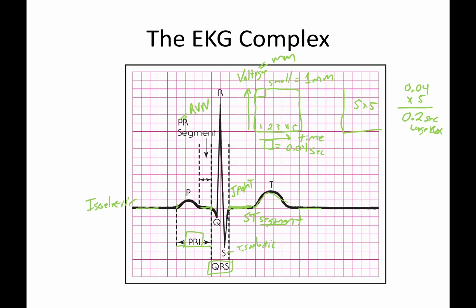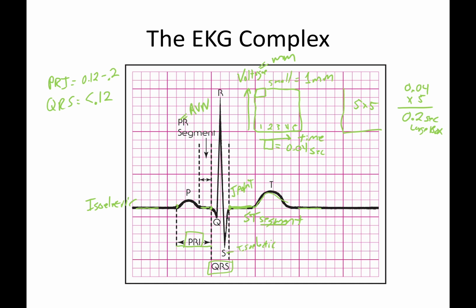Important point to keep in mind: your PRI should be between 0.12 and 0.2. Your QRS should be less than 0.12. And that'll probably be our biggest focuses for today.